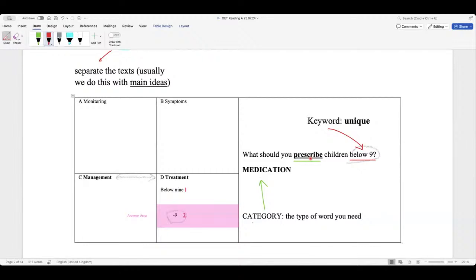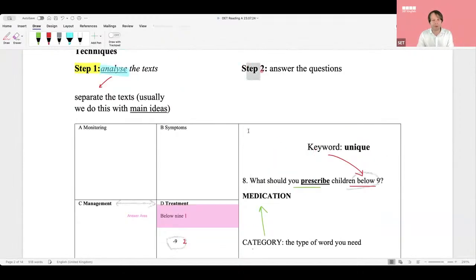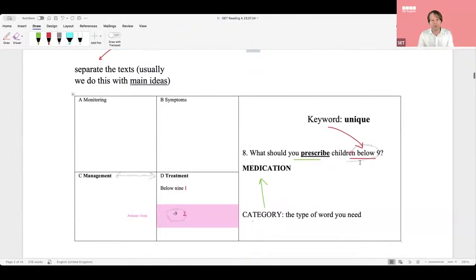Yes. Okay. Now, guys, tomorrow I'm going to talk more about this, but just to be clear what's happening here: you're in the exam, you come, you see question 8. This is step 2. What's the first thing you do? First thing you do is you find the keyword.